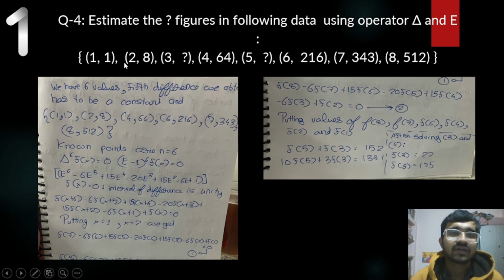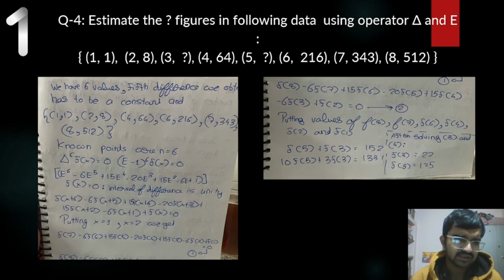In this we have to estimate the question mark figures in the following data using delta and E, that is forward and backward differences. Now let's move forward and try to solve this. We have to find the value of this and this. We have 6 values, so the fifth difference we obtain has to be constant.